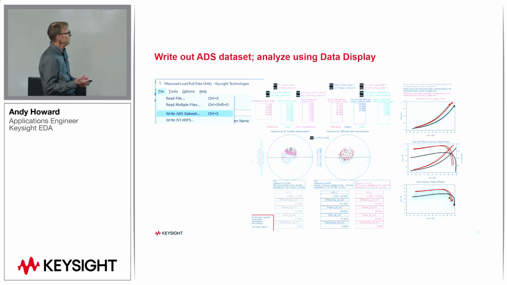There are many different ways to plot data, but this is one method, and this is specifically for analyzing measured load pull data for Doherty power amplifier design. That's a specific type of power amplifier. You don't have to use this format. You can come up with your own format. This is a very flexible tool, but that's specifically what this is for.